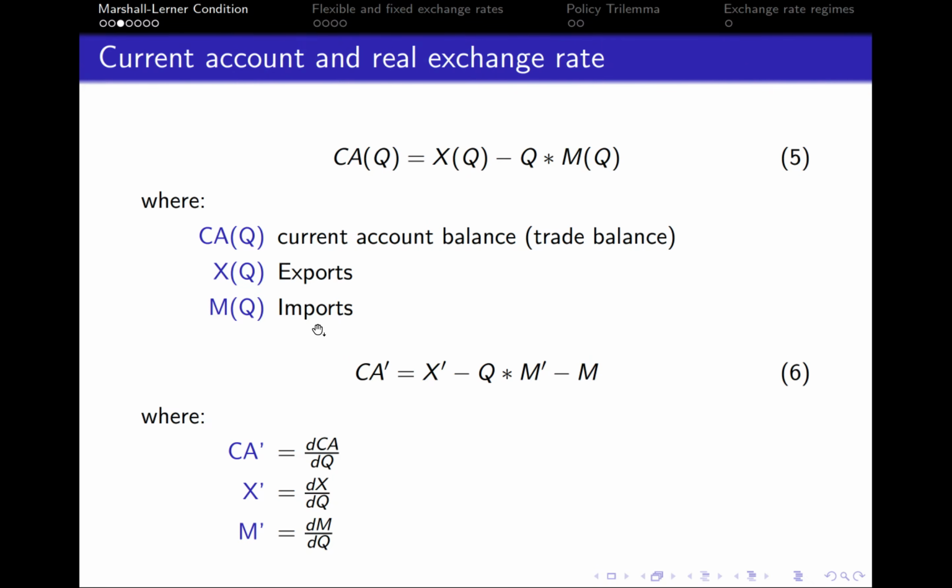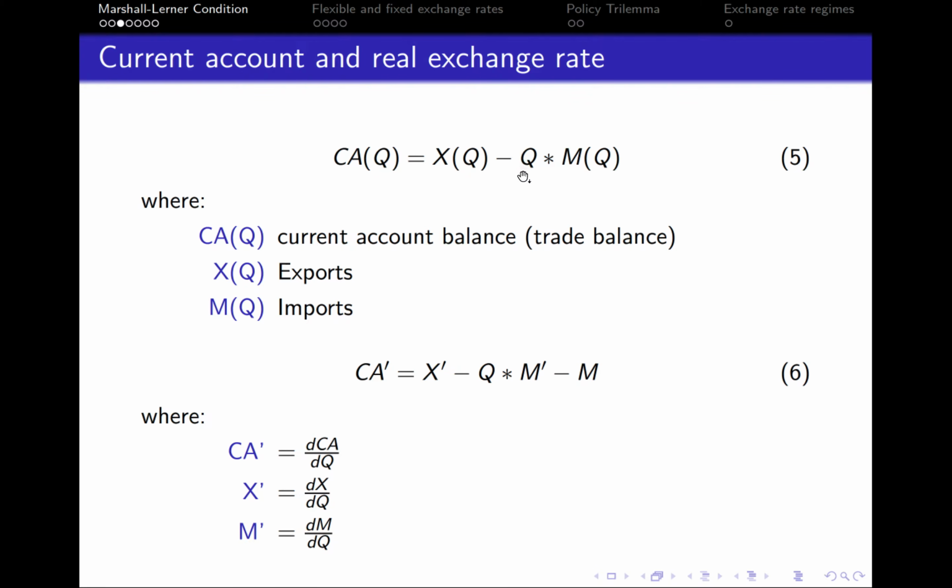M represents imports. But look, exports are the goods that our domestic economy is producing and selling outside, but imports are goods produced outside that are bought by domestic residents. So prices of these goods are of course expressed in foreign currency.